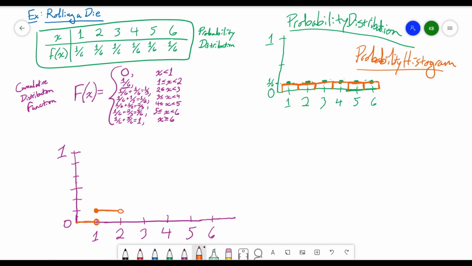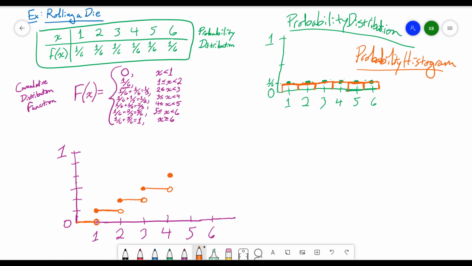Any value for my random variable between 1 and 2 is going to have a cumulative probability of 1/6. Then I do the same thing between 2 and 3, bumping up to 1/3 as my y value. The same thing between 3 and 4, bumping up to 1/2 as my y value.